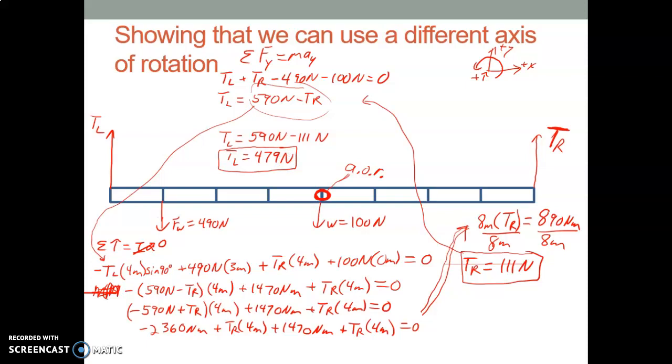And again, if you want to avoid that math, pick an axis of rotation at the location of one of your unknown forces. And again, if you don't believe me that you can pick any axis of rotation you want, go ahead and try it. Pick anywhere along here. You can pick right there, one right there, one right there, anywhere you want, and do the calculations again, and you'll get these exact same answers.